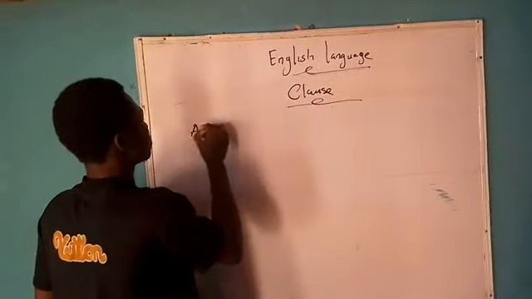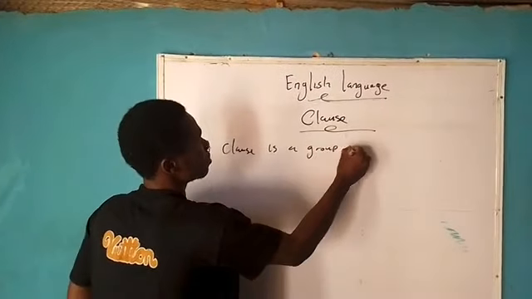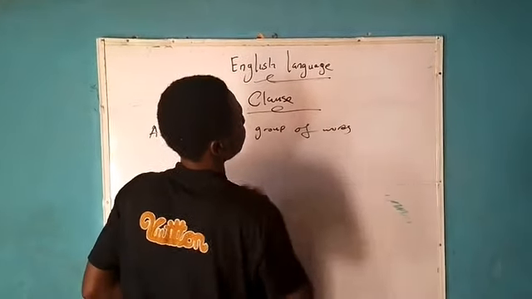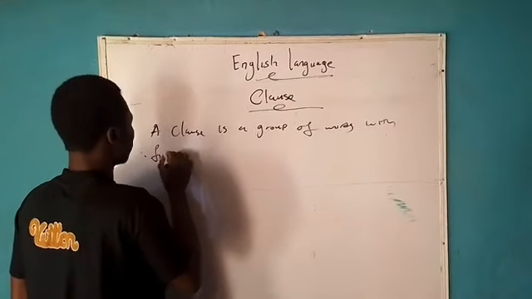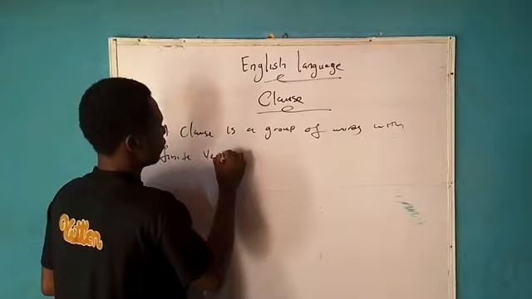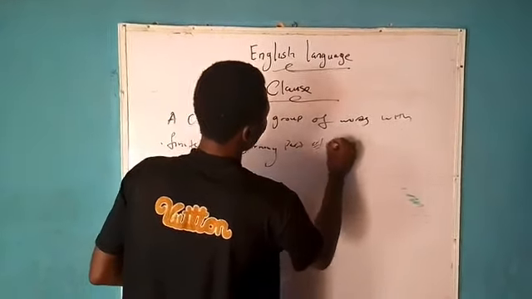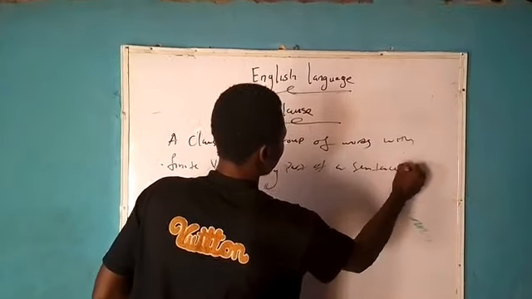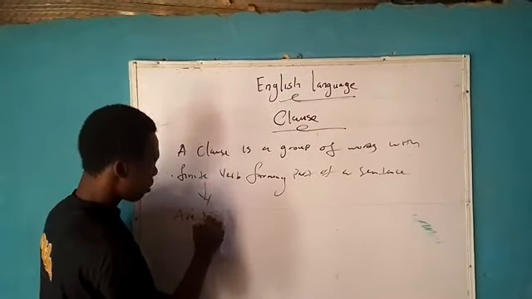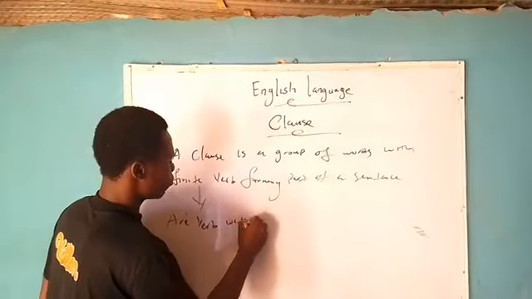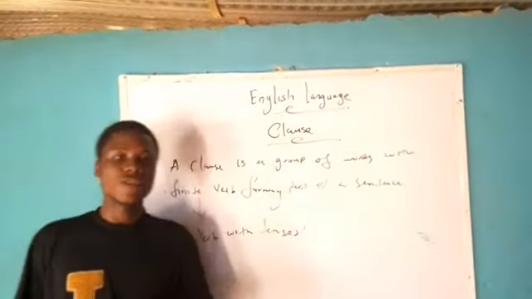I say a clause is a group of words with a finite verb forming part of a sentence, and this finite verb is a verb with tenses. That's the definition of a clause.